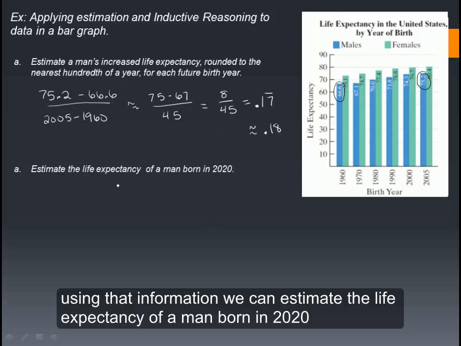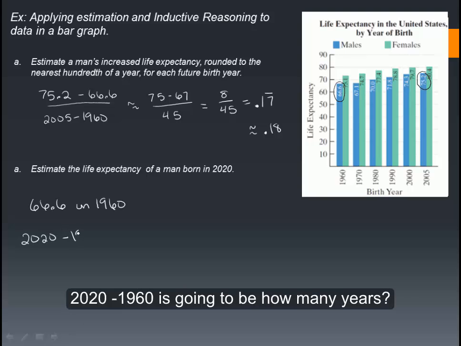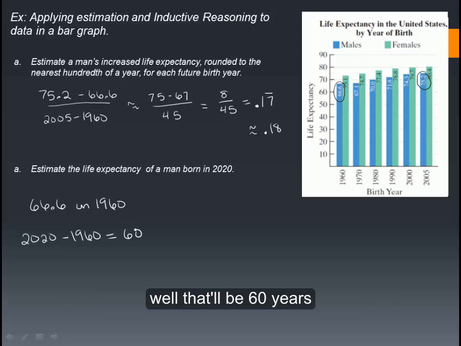Using that information, we can estimate the life expectancy of a man born in 2020. Now in 1960, it was 66.6. 2020 minus 1960 is going to be how many years? Well, that'll be 60 years.